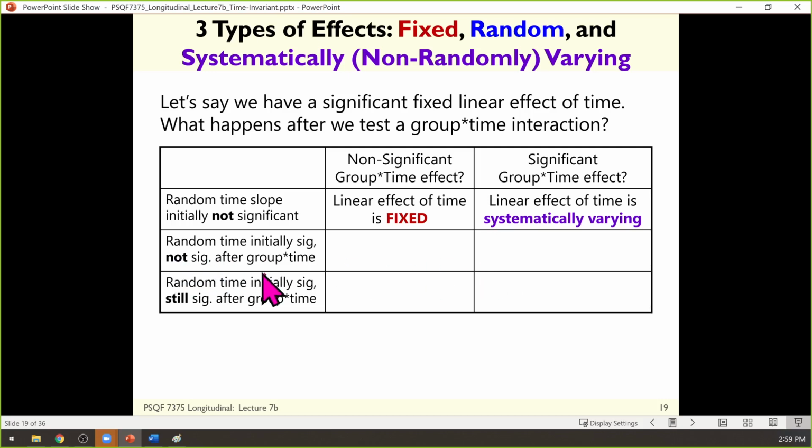But what happens is that the random slope variance for the effect of time goes away. That U1 was needed, but it's not anymore. Then in that case, if you take it out, then that is actually a victory, so to speak.